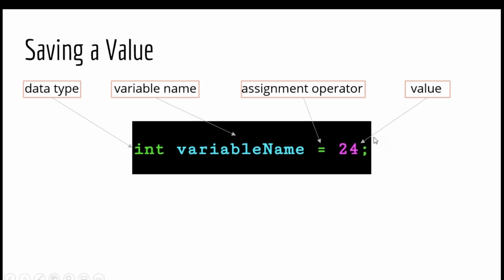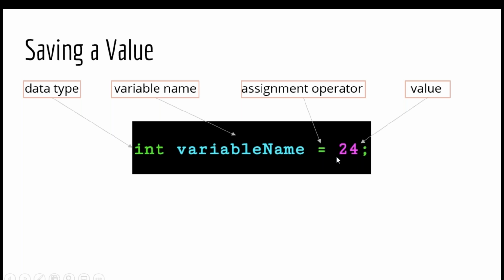And then finally, last but not least, we have our value. Our value in this case is an integer because I put a data type as int over here. Since it is an integer, I put a value of 24 over here because 24 is an integer. So we always need a value. We always want to assign our variable to a specific value.